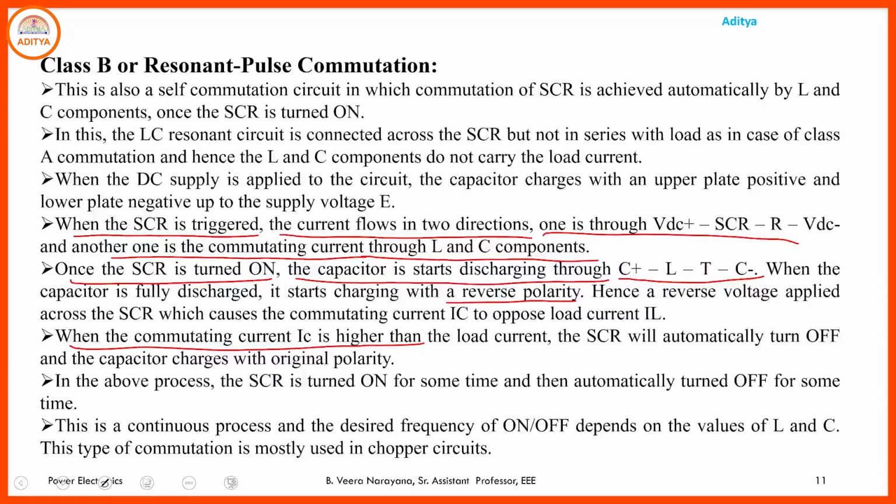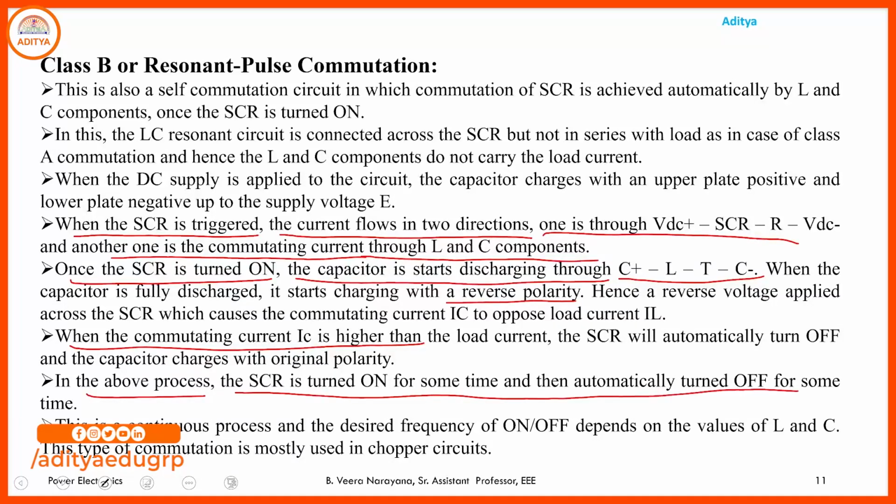Depending on the charging condition of the capacitor, the SCR goes on and off. The SCR is turned on for some time and automatically turned off for some time. This continuous process decides the frequency, depending upon the values of the inductor and capacitor. If you provide the gate pulse, the SCR comes to the on state and, depending on the charging condition of the capacitor, automatically goes to the off state.